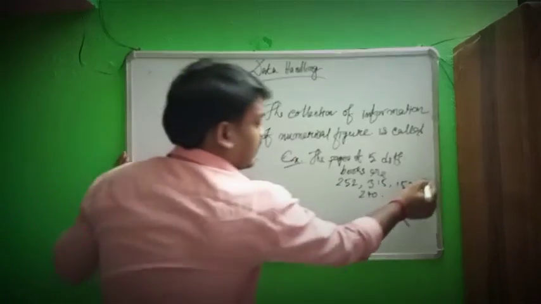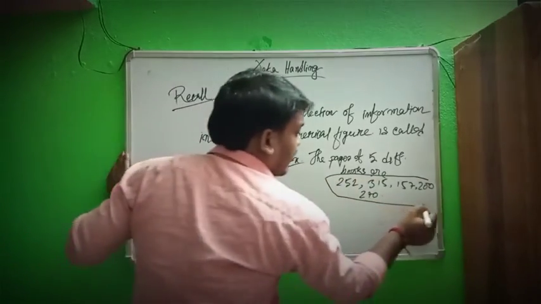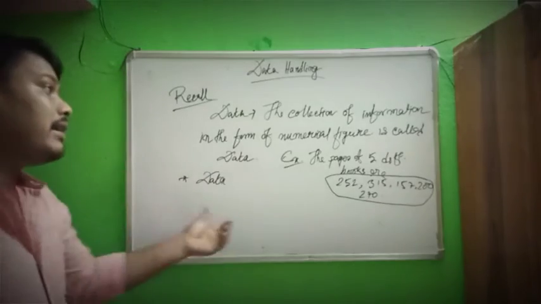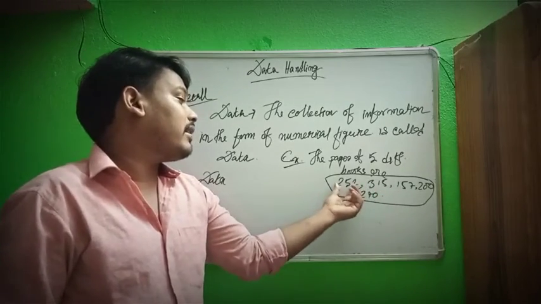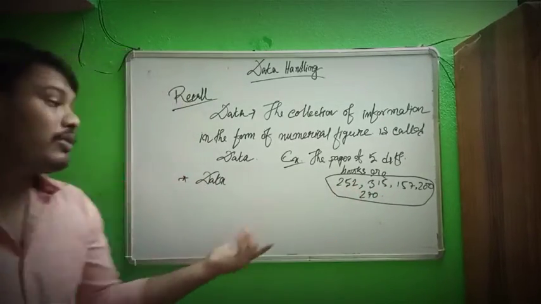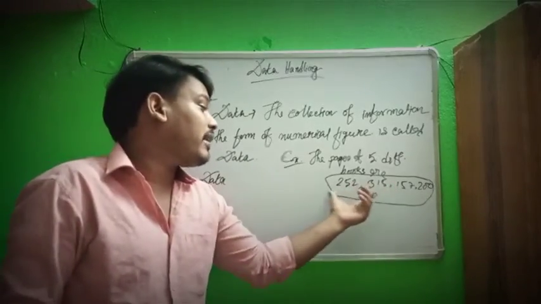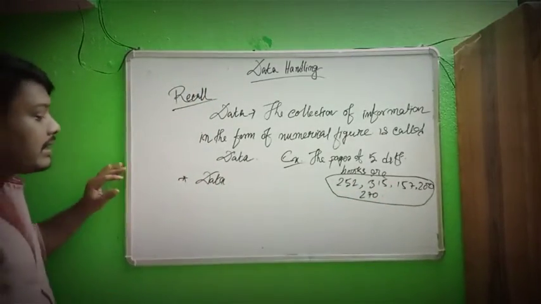So these are a collection of information in the form of numerical figures, that means values. These types of collection are called data.